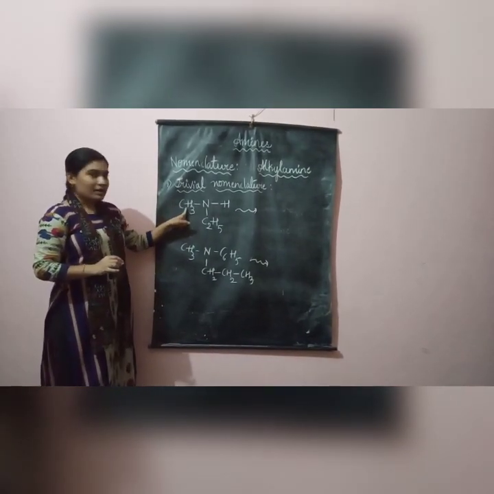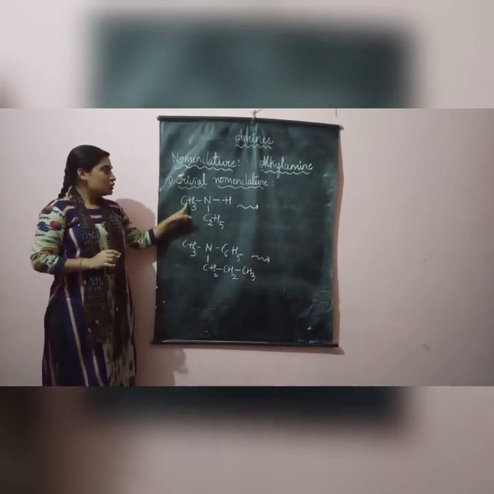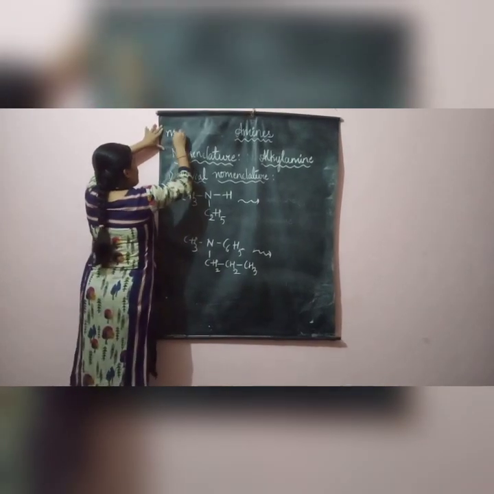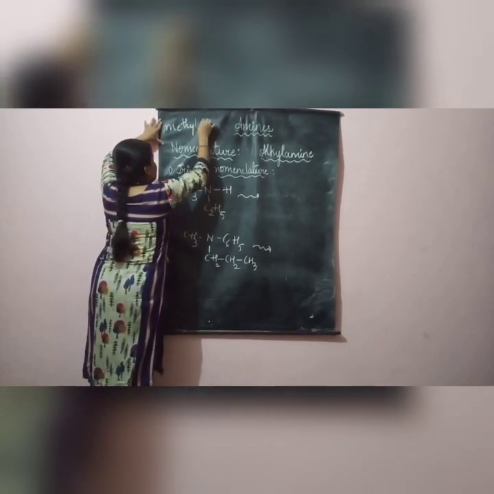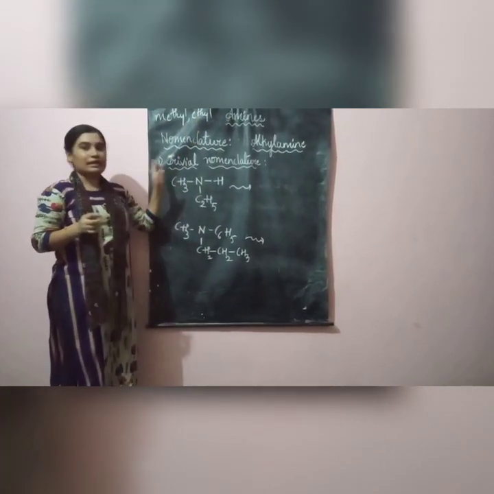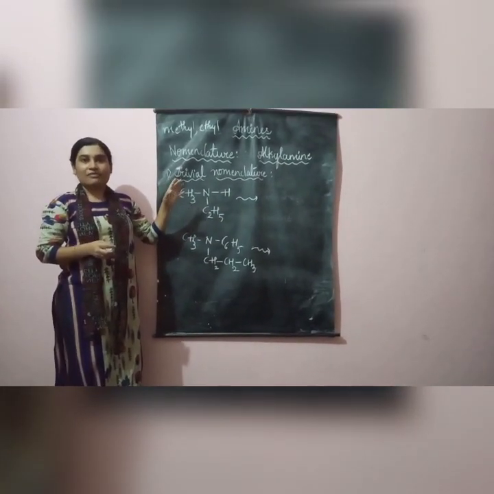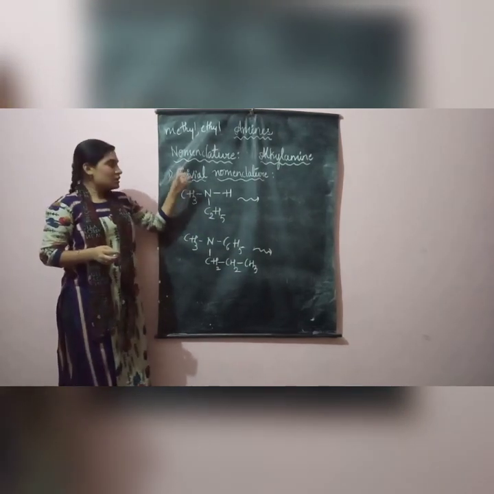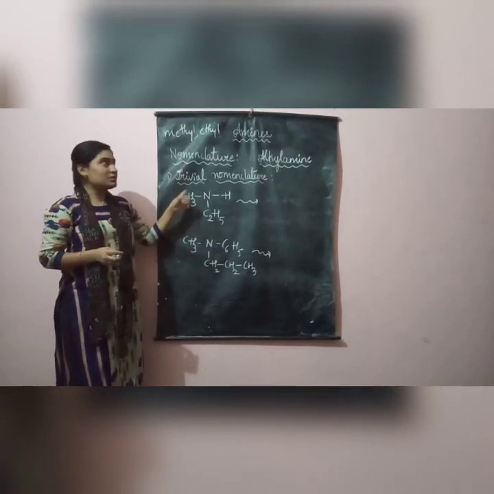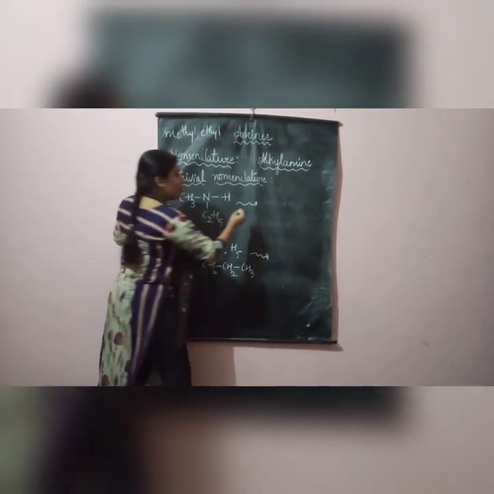So now I have one alkyl group, CH3, which is methyl. C2H5 is ethyl. So how to name this? Alkyl amine, same format I have to use. Methyl, ethyl only it is. So how to name now is, you will be looking for the alphabetical system. Alphabetically, who comes first will be written first. So tell me, ethyl comes first or methyl? It is known that in alphabets, E comes first and then comes M. So first I will write ethyl, then continue with methyl.